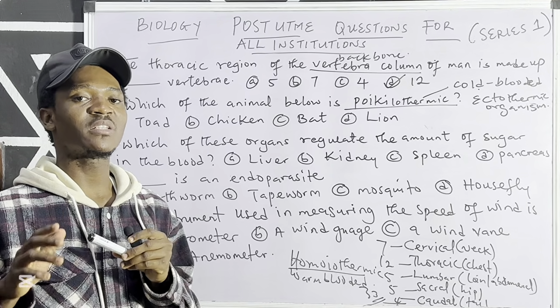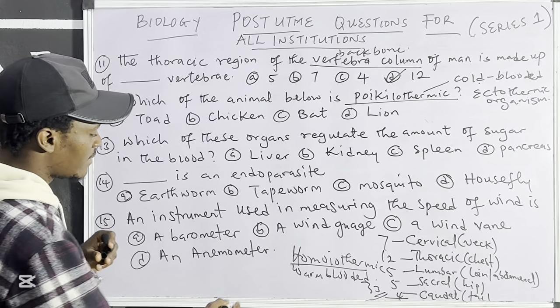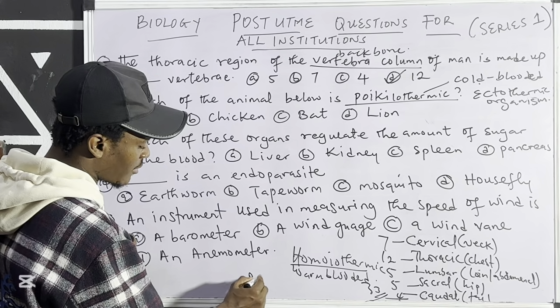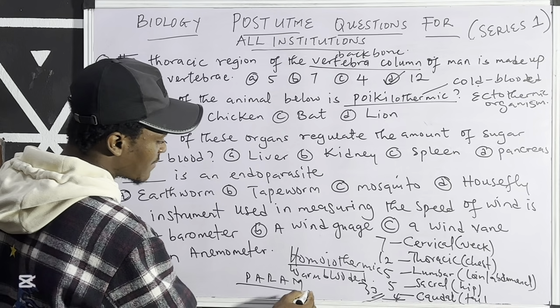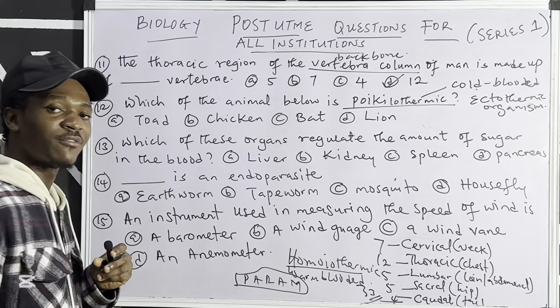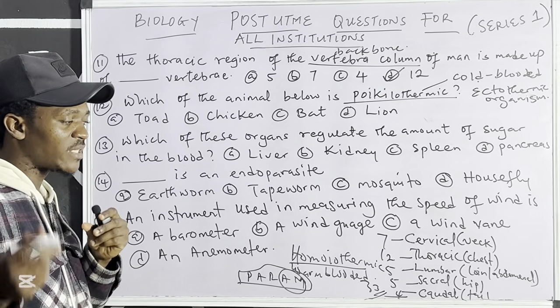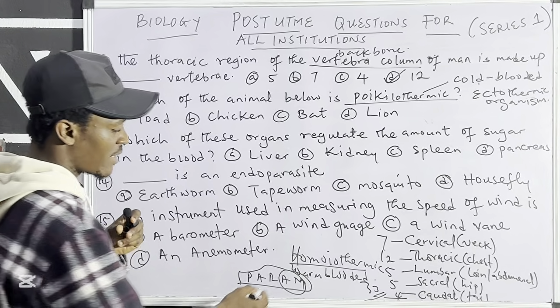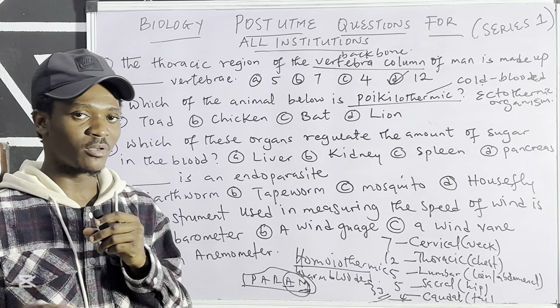And if you are considering the vertebrates, talking about organisms with backbones, then you should be making reference to the five classes. Don't forget, I made reference to this previously. Amongst these five different classes of vertebrates, the last two are the ones that are homeothermic, meaning they are warm-blooded, talking about the aves and the mammals. So only the aves and the mammals are warm-blooded.